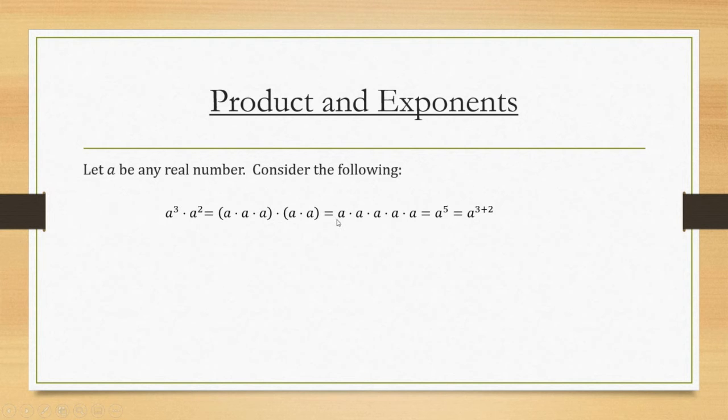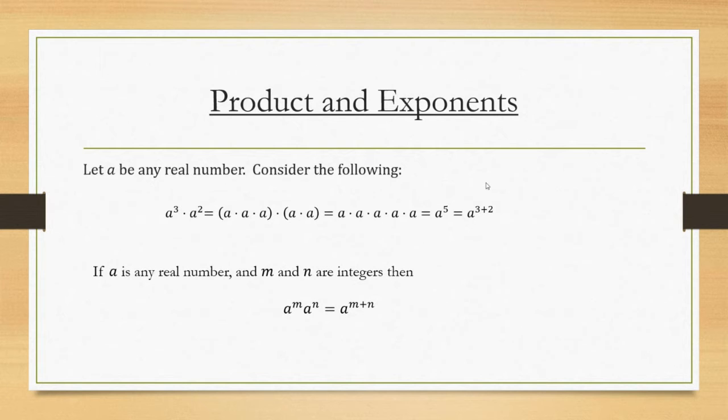But how many a's do we have here? We have 5 a's, meaning we have a to the 5th. And 5 is 3 plus 2. So what's happening here? Really what I'm trying to illustrate is this wonderful rule, which says that if a is any real number and you have 2 integers, m and n, when you multiply like bases, you add the exponents.